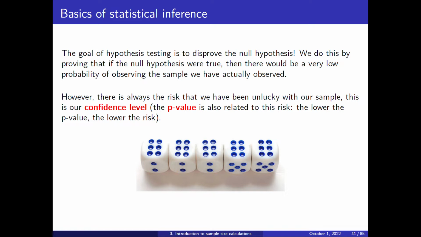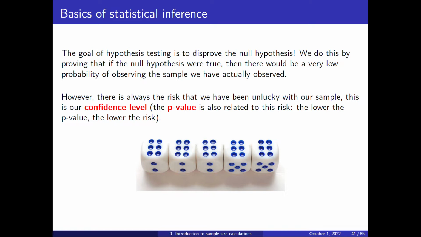What is the probability that a result like this happens, or even more extreme, if the dice are fair? This is the p-value. The p-value is the probability of observing this result, or something even more extreme than the result that we have observed.